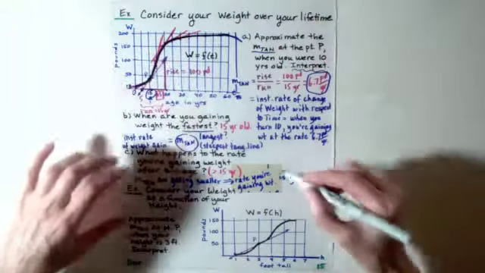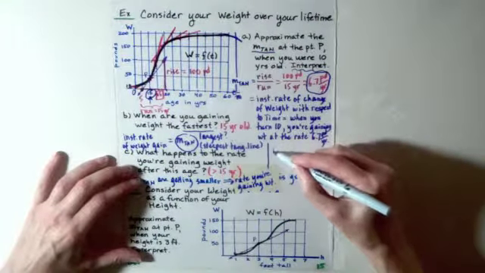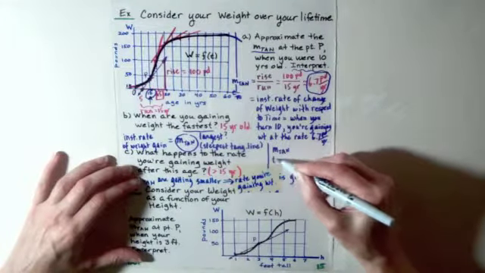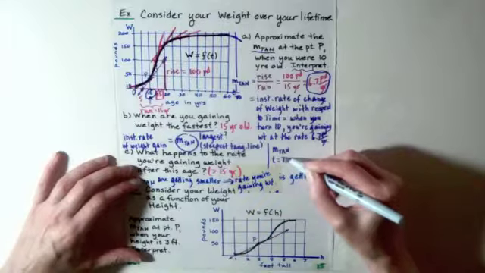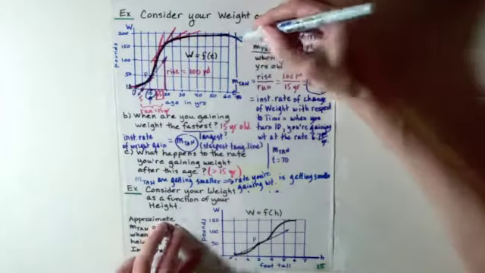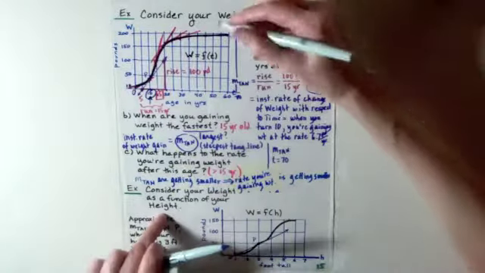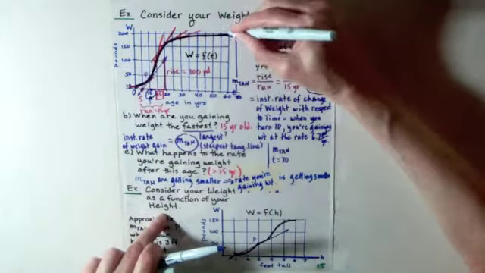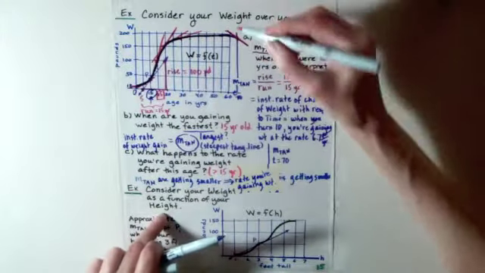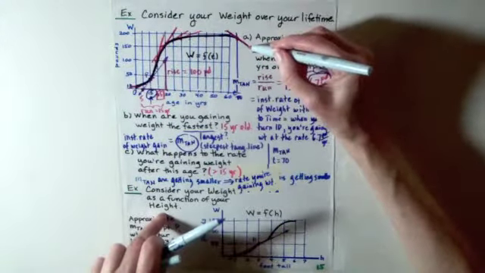Well, if we thought about the slope of the tangent line at such a point, like at the point where your age t is equal to 70 years old, let's think about what happens at that point. If I draw the tangent line there, you notice that it is a straight line that is falling as I move to the right.